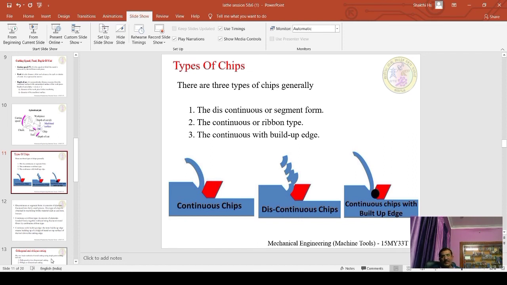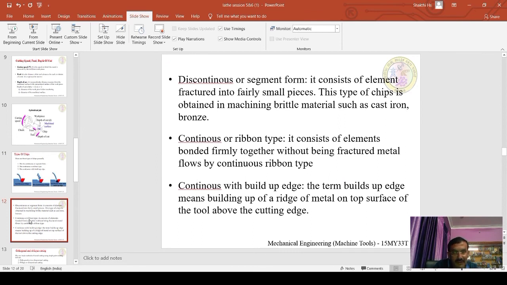Whatever it may be, different materials are removed in these forms. Fundamentally, these three types of chips are produced: discontinuous or segmental form, continuous or ribbon type, or continuous with a built-up edge.